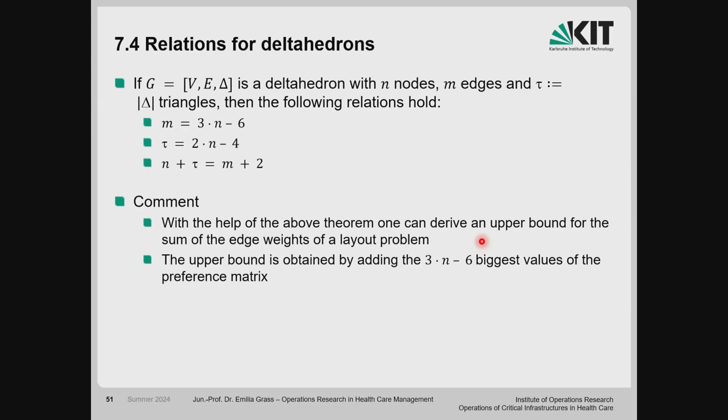The hospital representative said these are our preferences, and we know that the maximum achievable is 8 plus 5 plus 7 plus 5 plus 8 plus 4 plus 4. So this is the absolute maximum, that would be the best result. Why can we not necessarily achieve that?